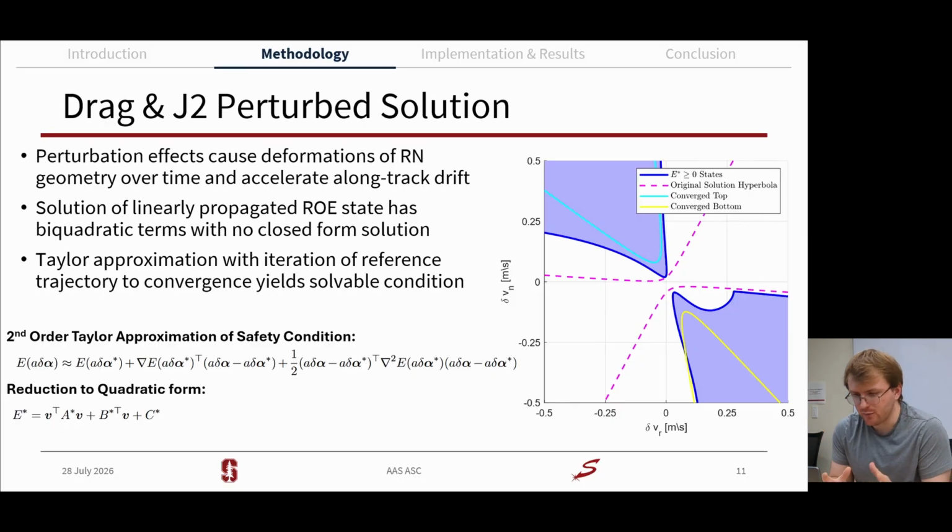Doing a second order Taylor approximation allows us to solve in the same way an impulse with a quadratic equation of the impulsive velocity and a function of the ROE. This gives us the ability, at a future time, which can nominally be selected to be the time where the spacecraft cross each other in the along track plane, to guarantee that safety at that moment is ensured in the RN space, allowing the spacecraft to safely pass by each other and continue along their journeys.